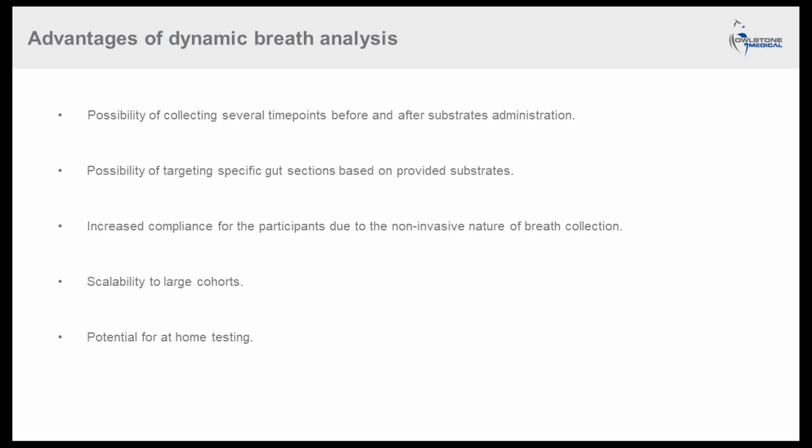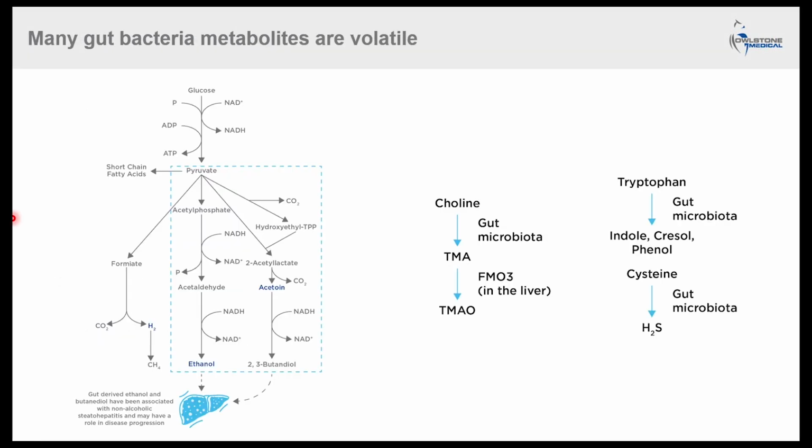For example, carbohydrates that are digested more slowly can be administered, and then we can collect breath later on and measure the metabolism in more distal parts of the gut. Then there is increased compliance for the participants due to the non-invasive nature of breath collection, scalability to large cohorts, and potential for at-home testing. So we can characterize the subjects even before they have been enrolled in a clinical trial, for example.